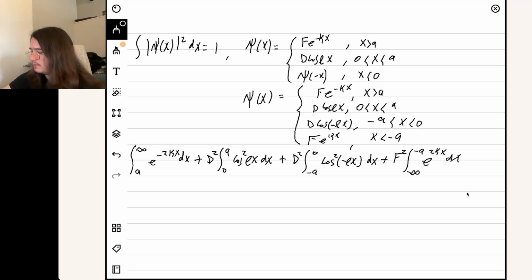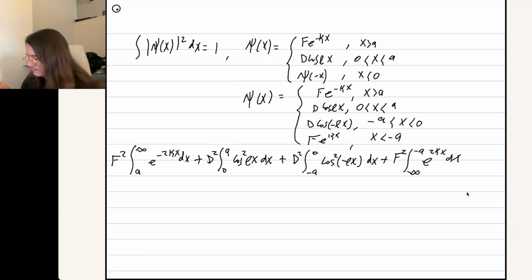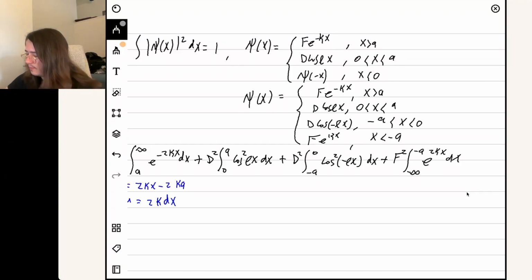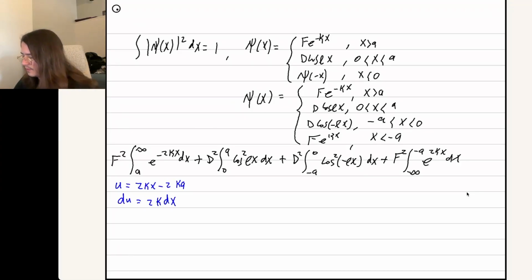I'm going to make a couple different substitutions first, creating this new variable, which I'm going to call u, which is going to be 2 kappa x minus 2 kappa a. And then the differential of which is just 2 kappa dx. And so that's going to be what we're going to use to deal with the first f squared integral.